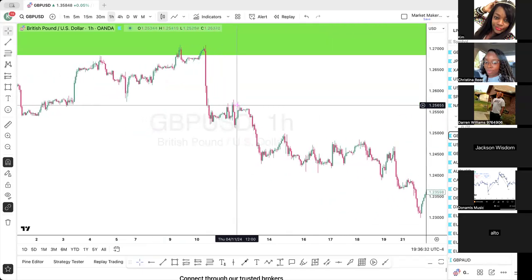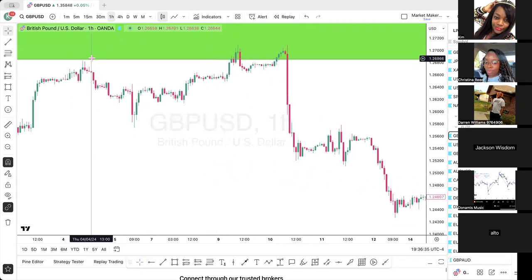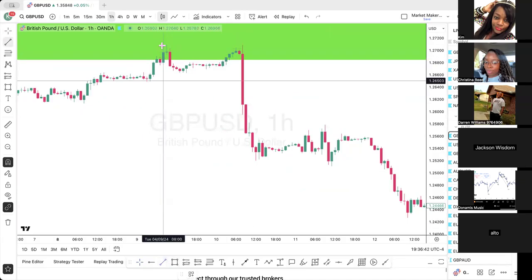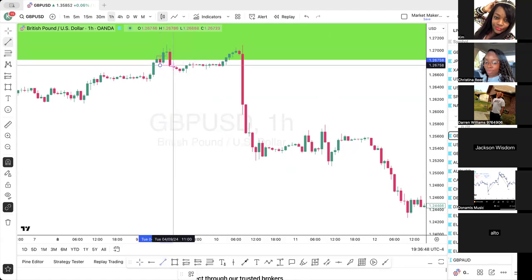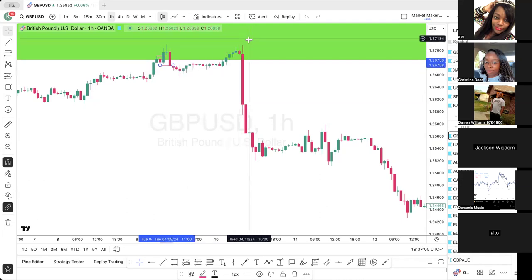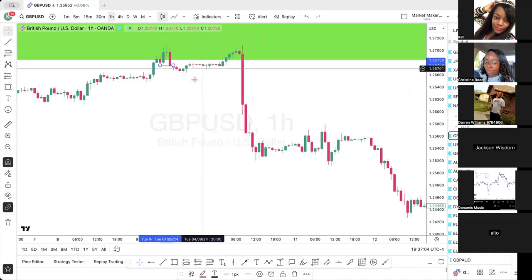Because you see in here on 15-minute, you'll see it even clearer. There was a break of structure here. There was this swing low and swing high, right? Once price broke, that would have been a sign that price is likely to continue to sell from this zone.